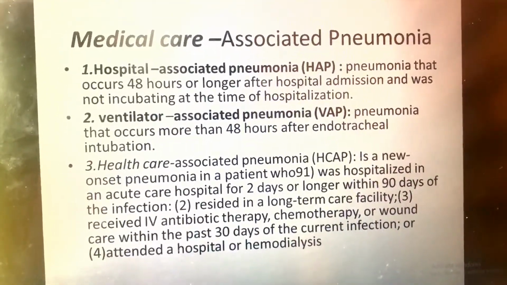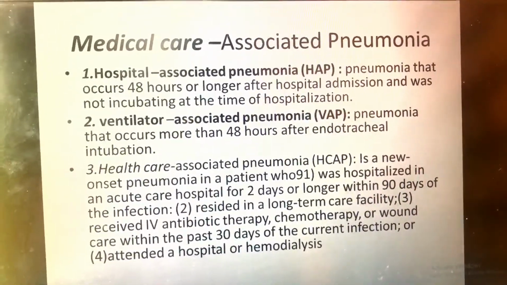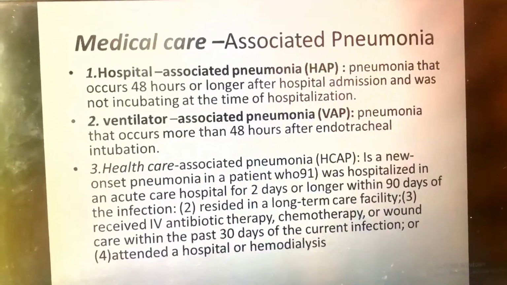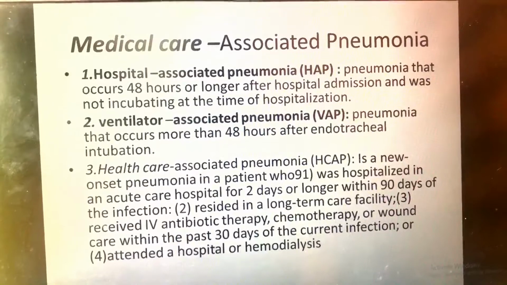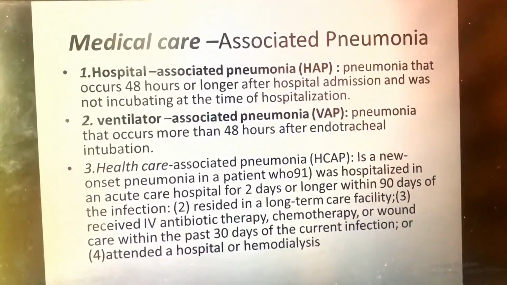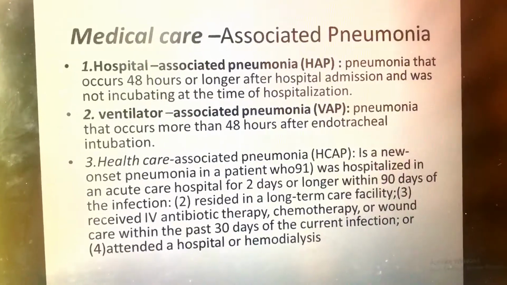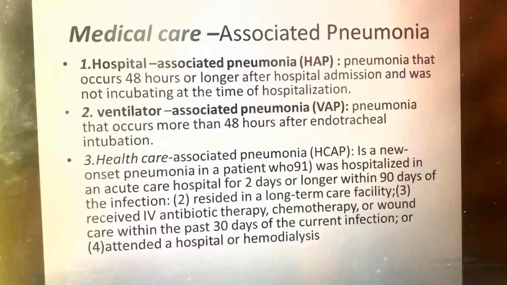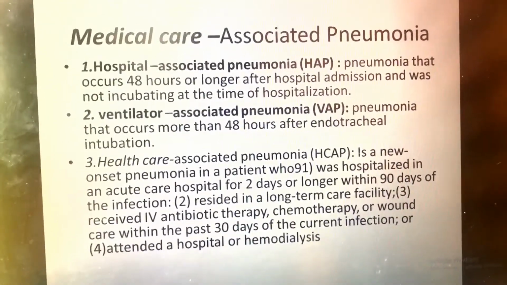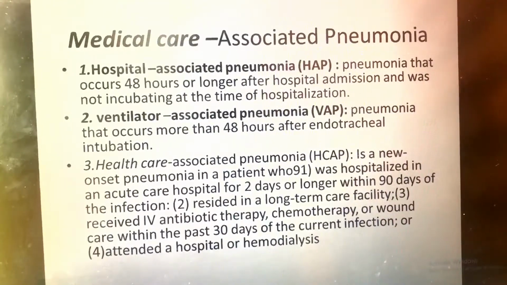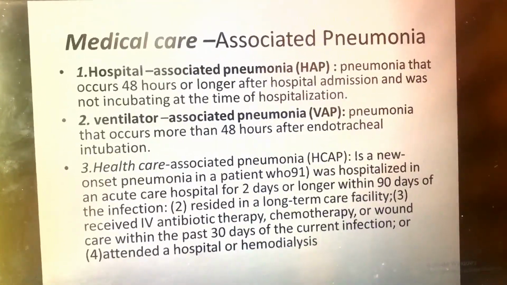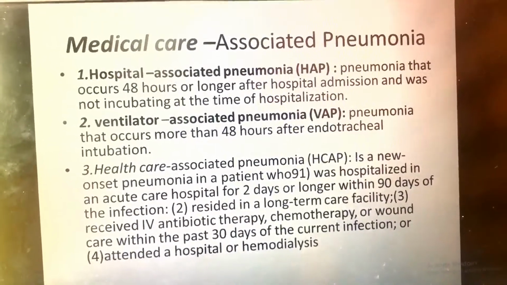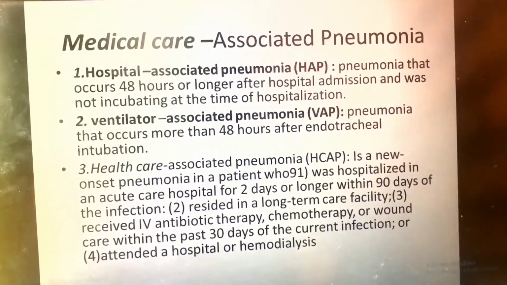Most of the time they insert an endotracheal tube from the mouth down to the bronchi, and the tube will be connected to the ventilator, and the ventilator will breathe in to the client and breathe out for the client. Here, when you put the client on endotracheal intubation without signs and symptoms of pneumonia, and then after 48 hours the client starts to show symptoms of pneumonia, this pneumonia will be classified as ventilator-associated pneumonia.